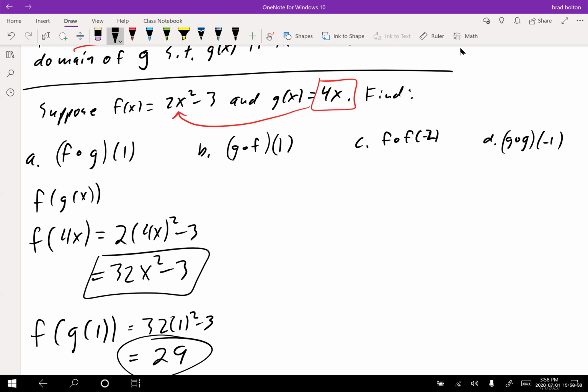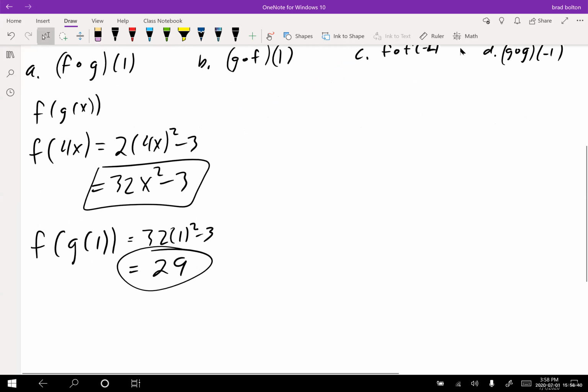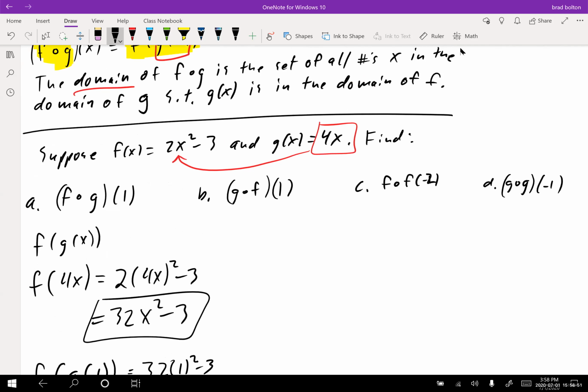Now, there's a faster way I could have done it. I could have just done f of g of 1 like this, but I just wanted to show you guys how to find f of g of x. I could have just found g of 1. All I do is plug 1 in right here, and I get 4.